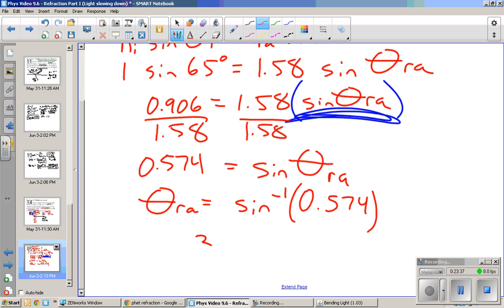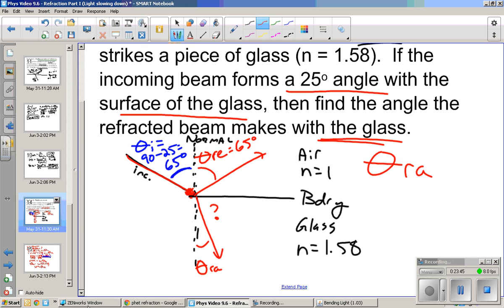And it should give you pretty close to 35 degrees. So let's go back to our drawing. That means that this angle here is 35 degrees, which means our question mark is 90 minus 35, which gives us 55 degrees. And there's the answer.